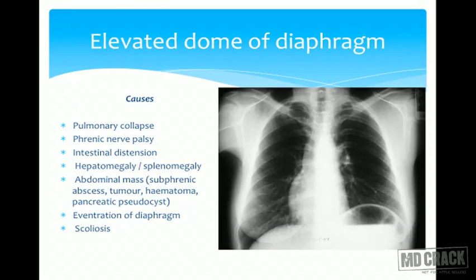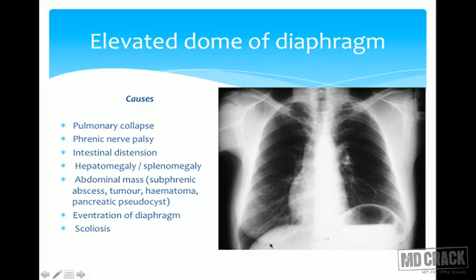So now we come to elevation of the domes of the diaphragm. What are the causes? Like what we said, over here the left dome of the diaphragm is elevated. The causes would include pulmonary collapse, phrenic nerve palsy, or intestinal distension, as in this case, where there's distension of the intestine with an air fluid level.